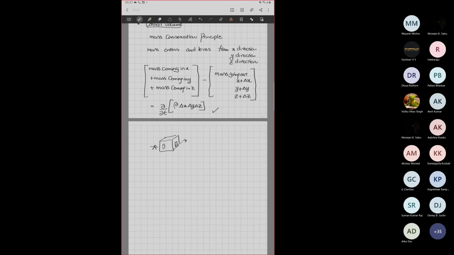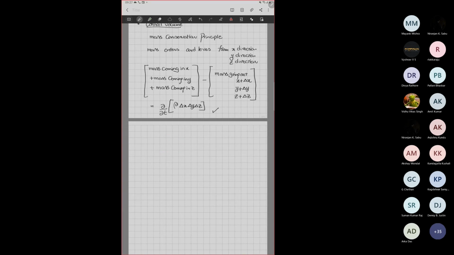But if, compared to the number of people coming into the system, the number of people going out is more, then naturally, even though the room already has a lot of people, gradually it will deplete. That is what our mass conservation principle tells us. The same thing we are trying to represent in mathematical terms.